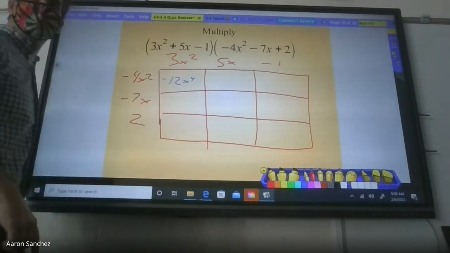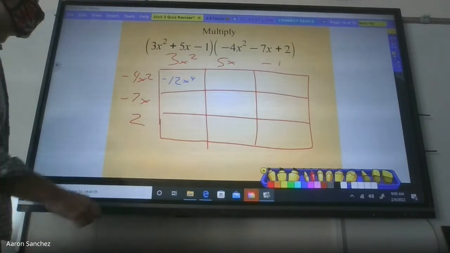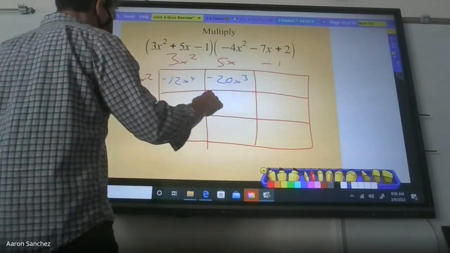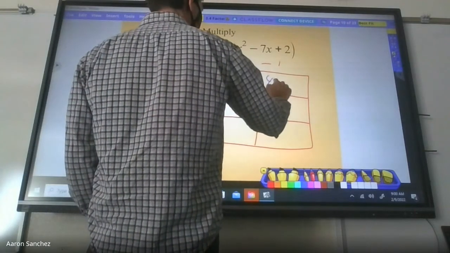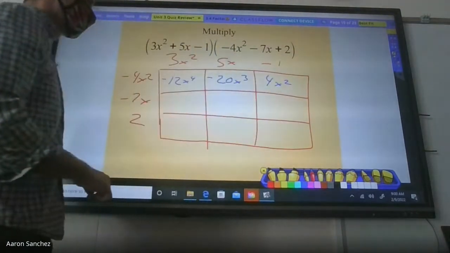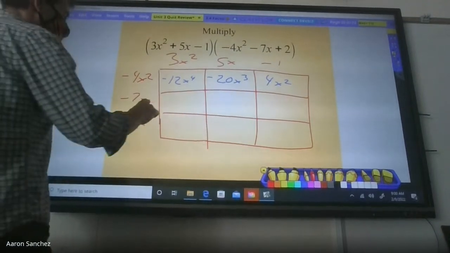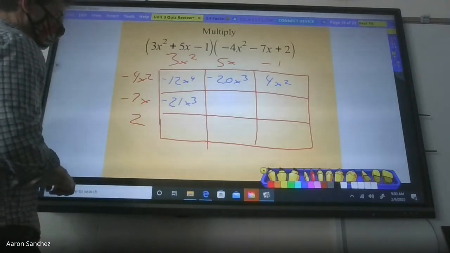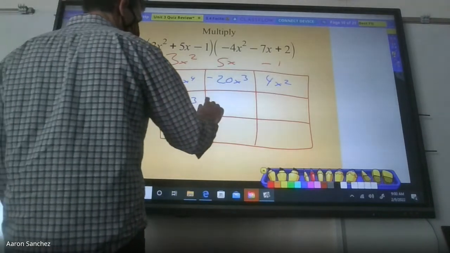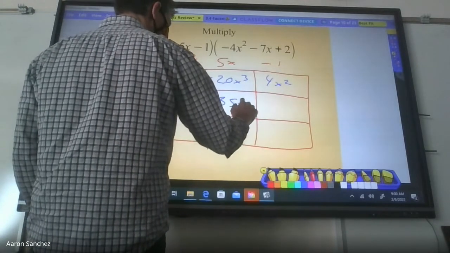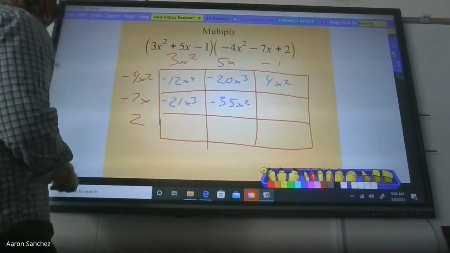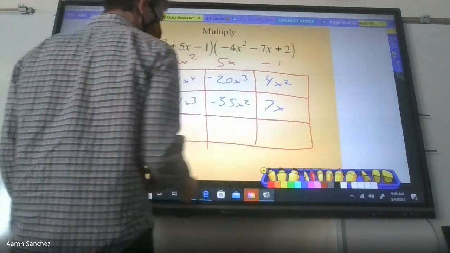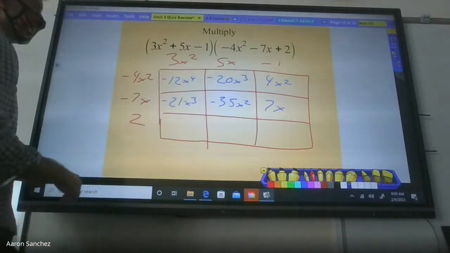Make sure you add the exponents, right? The diagonals should add up, right?